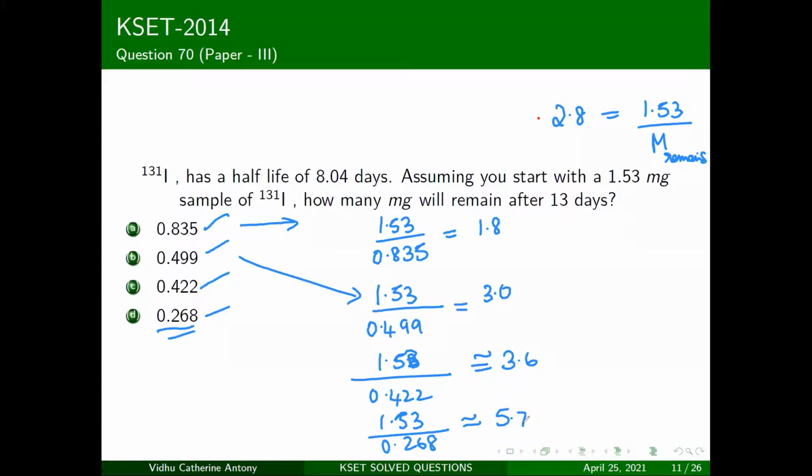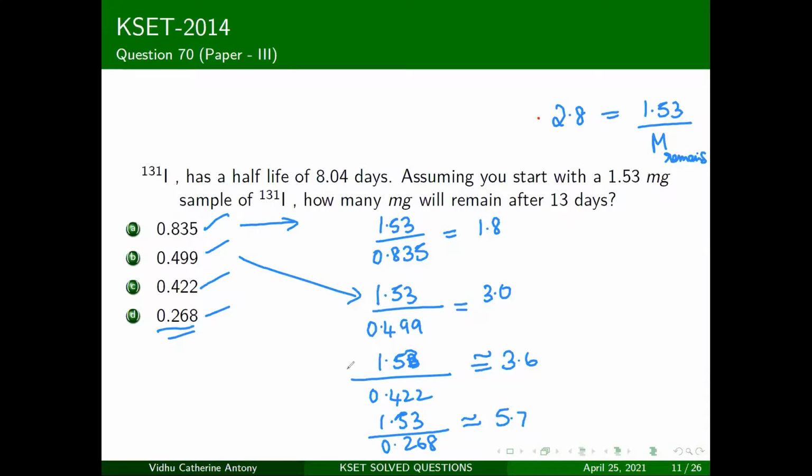The reason why I made it into this form is that it's always easier to divide a higher number on top by a lower number. So you could approximate this to 1.6 divided by 8, and you get 2 approximately. You don't have to be so specific, but you can make approximations like this.